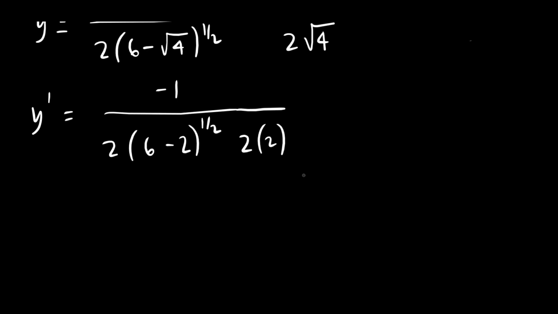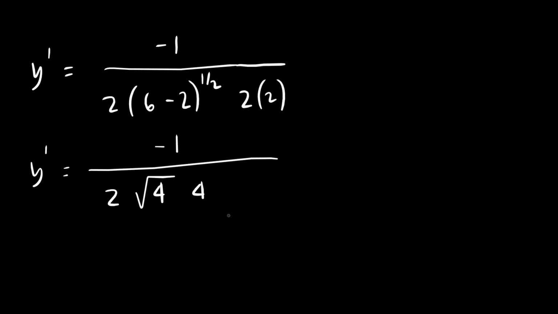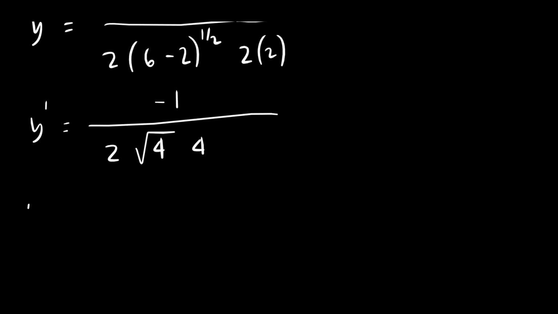So we'll simplify further. So y prime is just equal to negative 1 all over 2 times the square root of 6 minus 2, so it's just the square root of 4, multiplied by 4. So y prime is just equal to negative 1 all over 2, and the square root of 4 is just equal to 2, times 2.